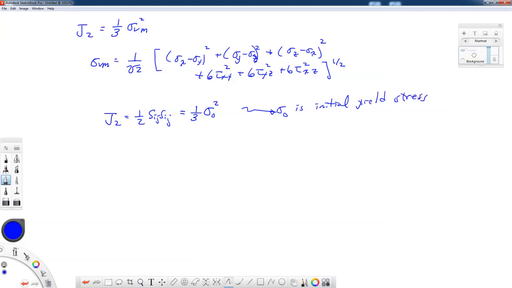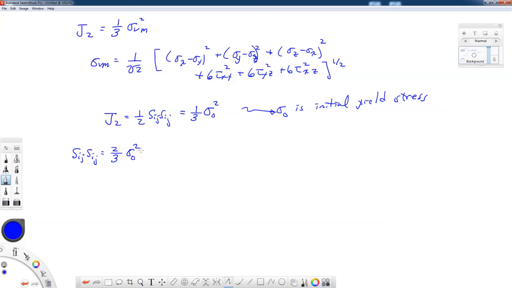Okay, so sigma naught is the initial yield stress. Or if I want to manipulate this just a little bit more, I can say that Sij Sij is equal to 2/3 of sigma naught quantity squared. Okay, so now it's not J2 anymore, but it's within a factor of J2. So Sij Sij is equal to 2/3 sigma naught squared.